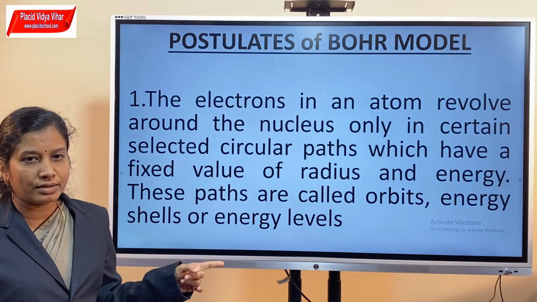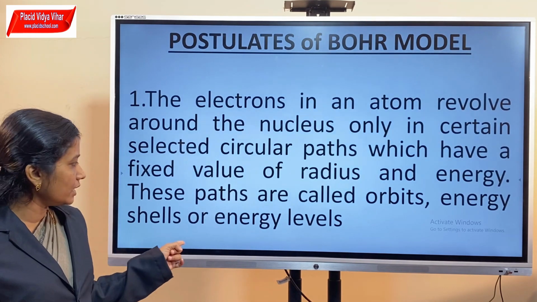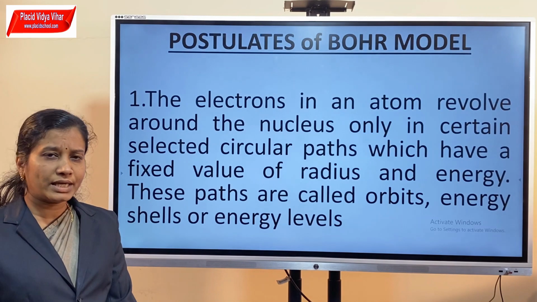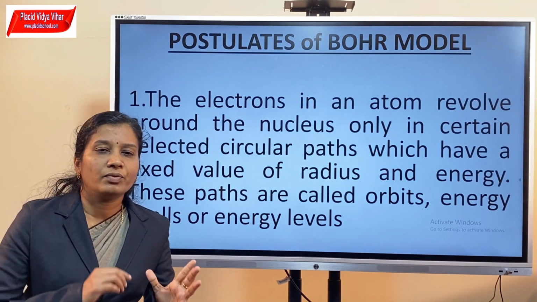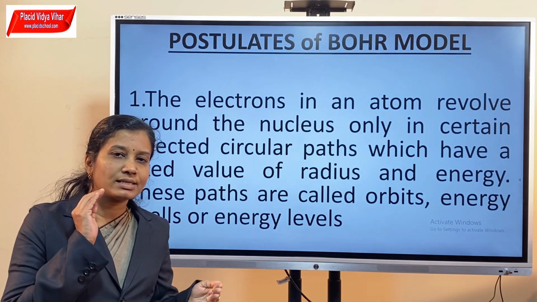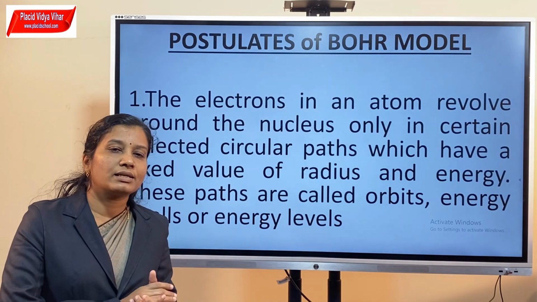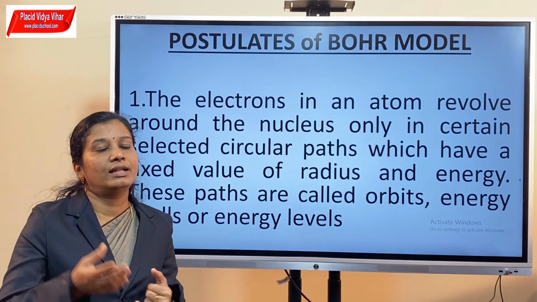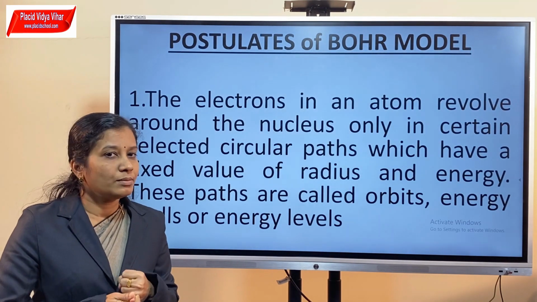These paths are called orbits or energy shells or energy levels. Like in Rutherford's atom model, the electrons are revolving around the nucleus in certain circular paths, and we call those paths orbits or energy shells or energy levels. So this is the first point.